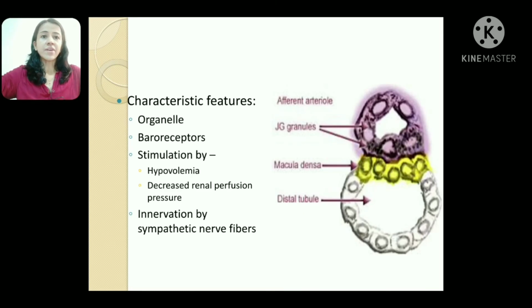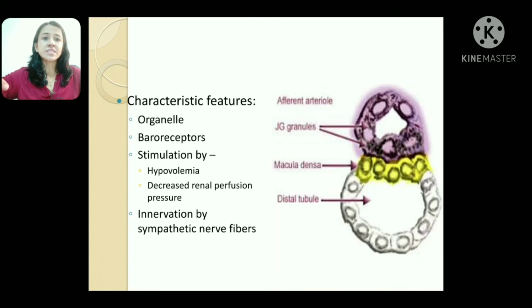JG cells have important organelles which include Golgi apparatus, endoplasmic reticulum, mitochondria and ribosomes. These JG cells act as baroreceptors. They are known as baroreceptors because they are stimulated by change in the transmural pressure, or you can say transmural pressure gradient between afferent and efferent arterioles, and they also act as vascular volume receptors and they maintain renal perfusion pressure.